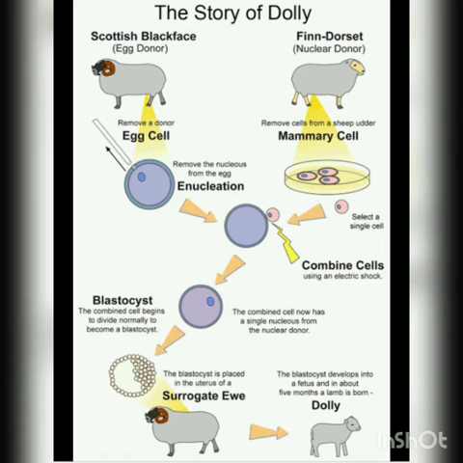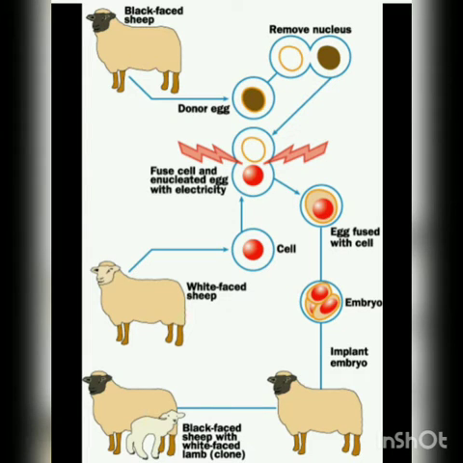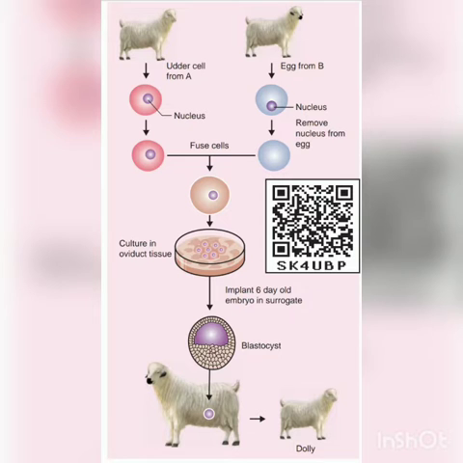An ovum, that is the egg cell, was taken from another sheep and its nucleus was removed to form an enucleated ovum. The dormant mammary gland cell, that is the udder cell, and the enucleated ovum were fused. The outer membrane of the mammary cell was ruptured, allowing the ovum to envelop the nucleus.